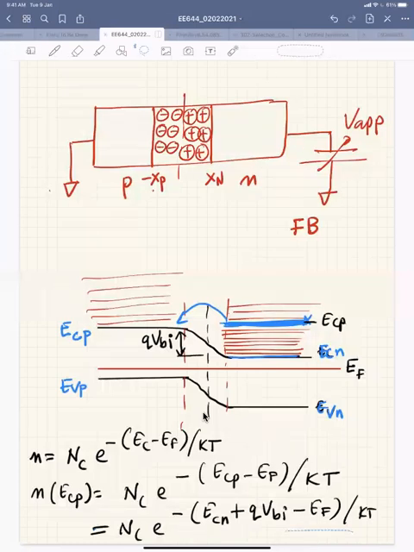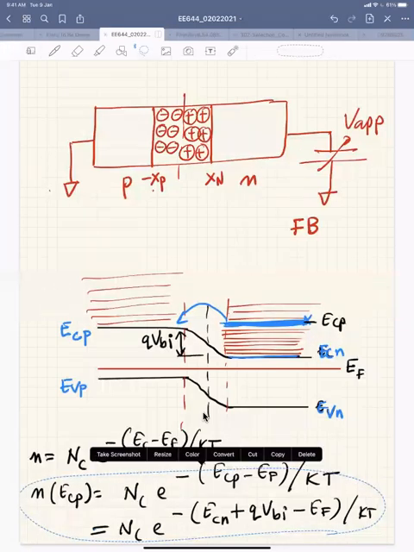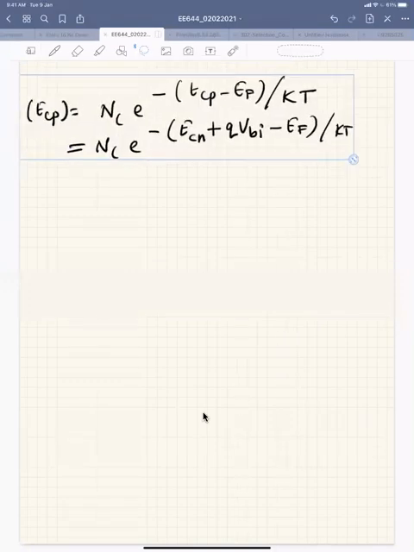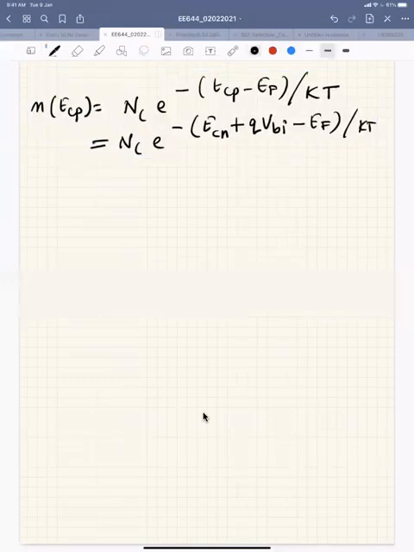Let me copy this side. I think that will be my last point to make today.